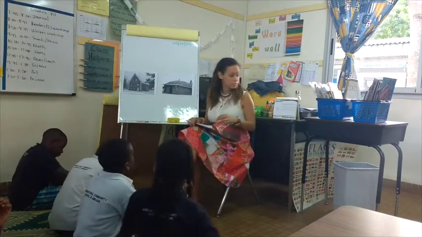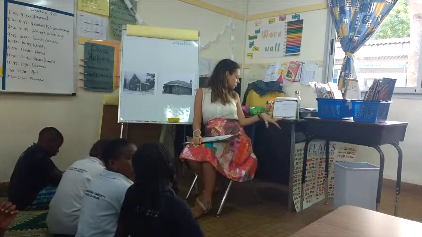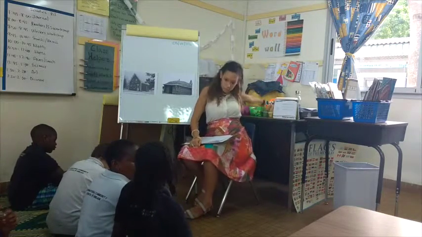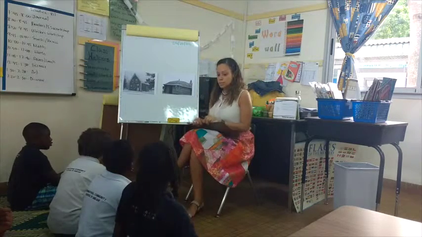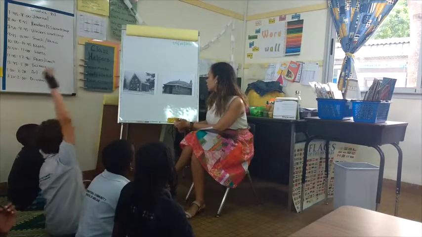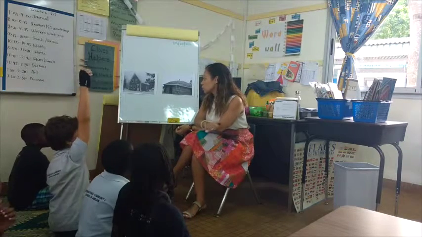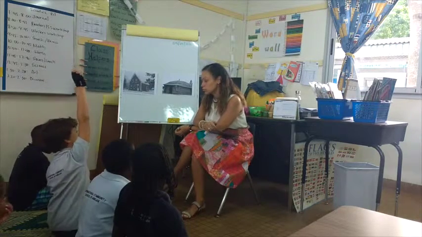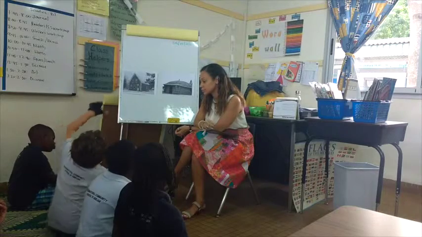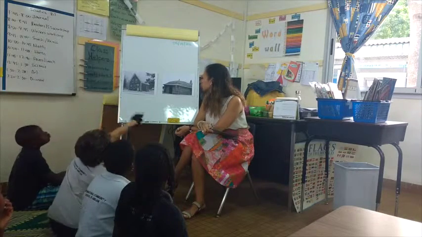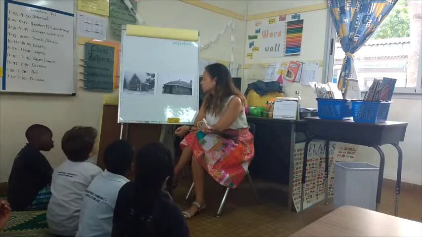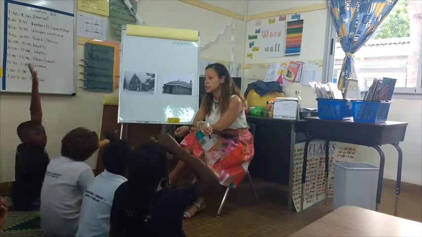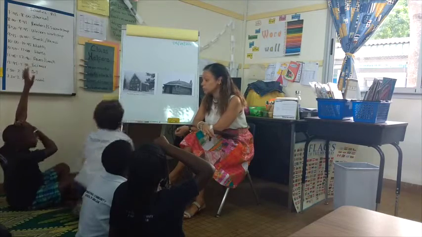I think the houses are made differently because in one picture it looks like it's hot, and in the other picture it looks like it's cold. Yes? And that house has an electric wire, and that house there is no. Oh, that's a good observation. One might have electricity and the other one doesn't, right? Yeah, that's a good point.